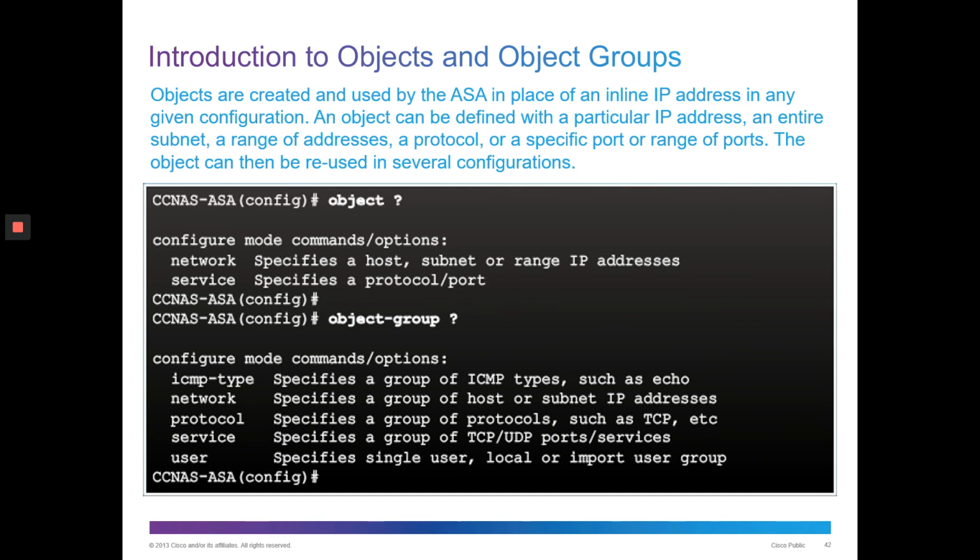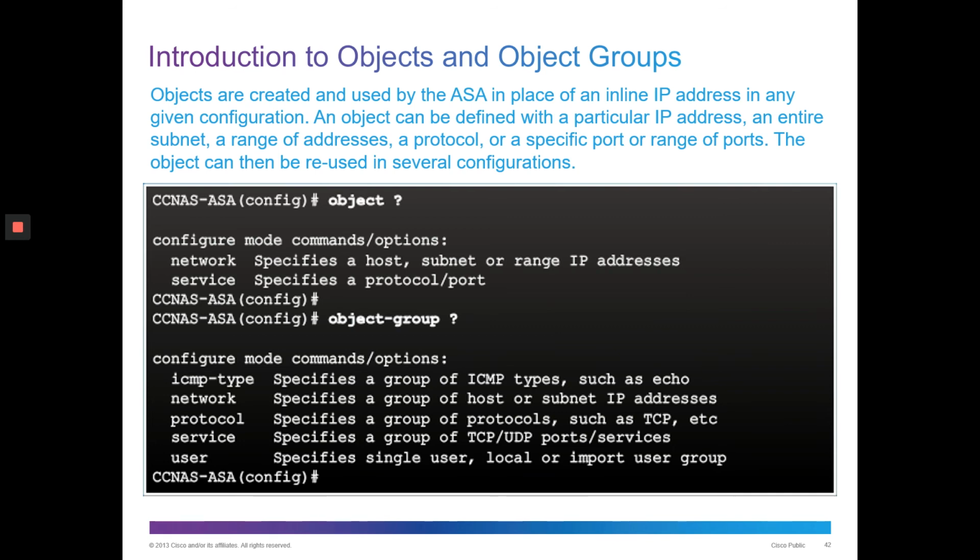For example, ACLs. You remember with ACLs, if you want to allow or deny any host, you run a command called permit host and the host IP address, isn't it? And that command will either permit or deny that particular host.